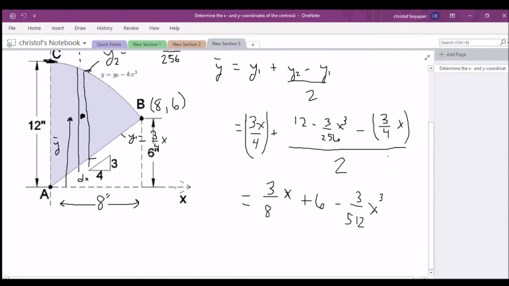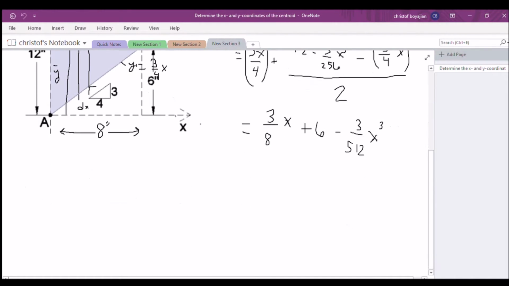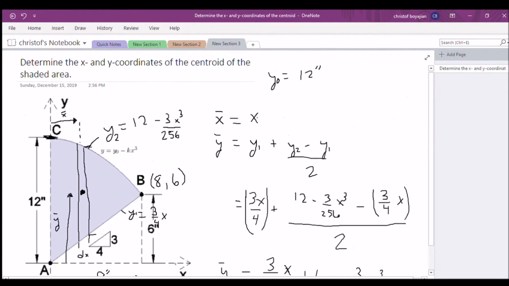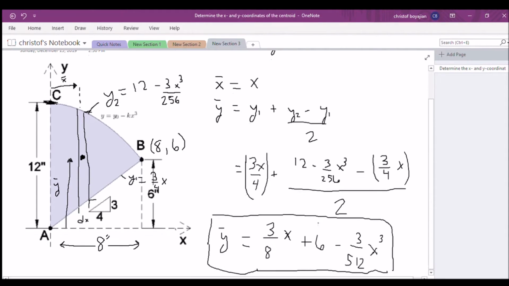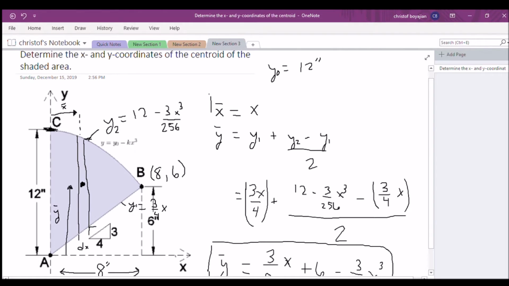Okay, now this is our y bar. I'll go ahead and box these for the time being. We'll refer to these in a short moment. And then x bar, I'll also box that as well.